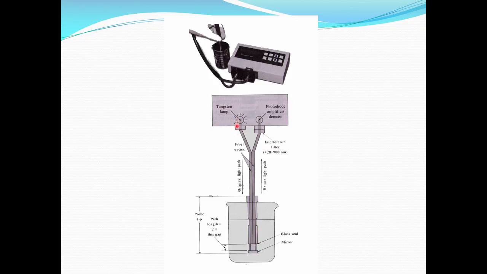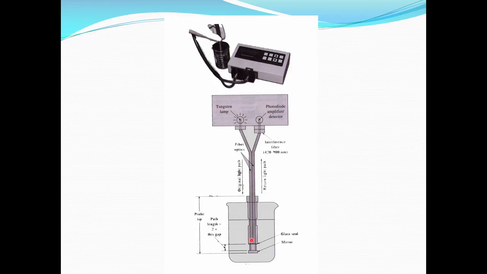What happens from the tungsten lamp? The radiation falls through and then the reaction is taking place. Here the path length and then the absorbed radiation, the height of the sample is the height of the beaker.